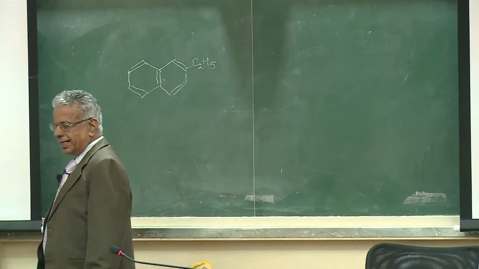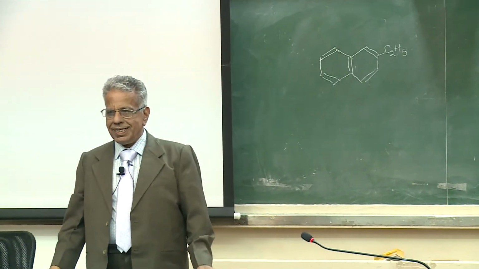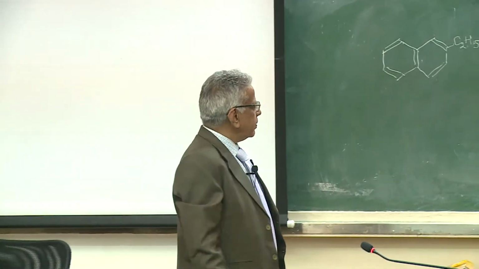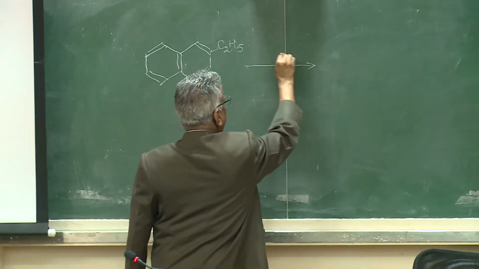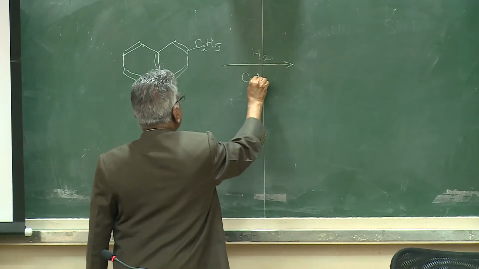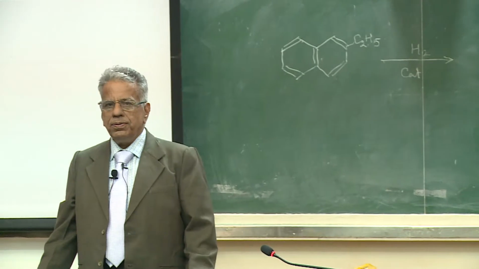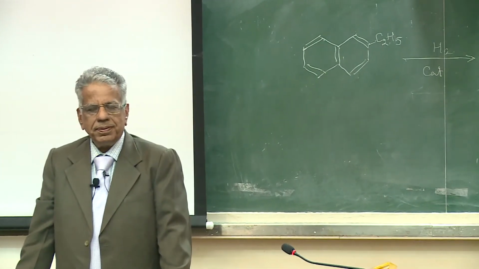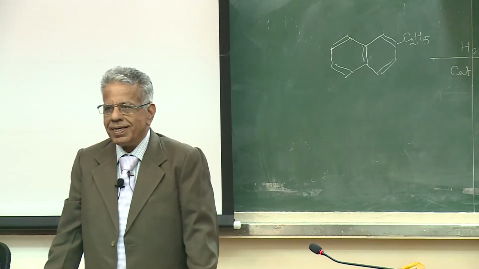Maybe I may tell here and there. This is ethyl naphthalene, which is hydrogenated, of course, in presence of catalyst. Please note, let us not lose the objective: determination of rate controlling step and estimation of overall reaction.